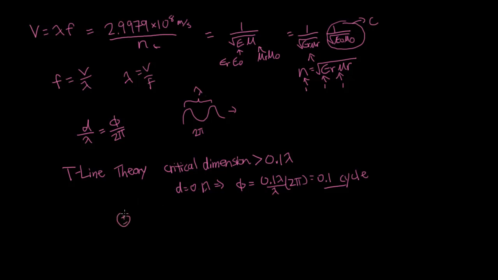Say this is my generator, this is my load. If this distance physically is greater than 0.1 lambda, your generator and your load are going to be out of phase by 0.1 cycle, and in general that is where we would have to utilize transmission line theory.